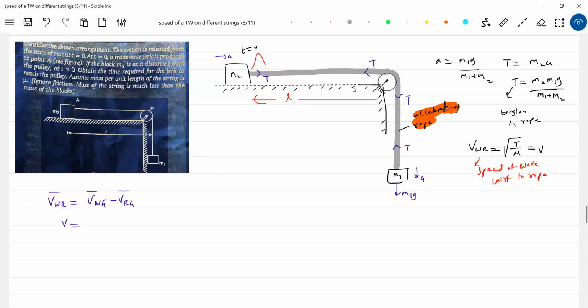So now the velocity of the wave with respect to the ground should be dl by dt. What about the velocity of the rope? The velocity of the blocks should be the velocity of the rope. The speed of the blocks should be the speed of the rope. What type of motion are the blocks describing?